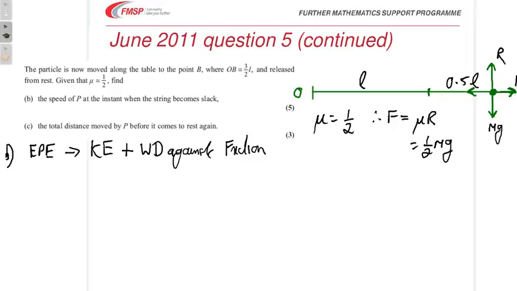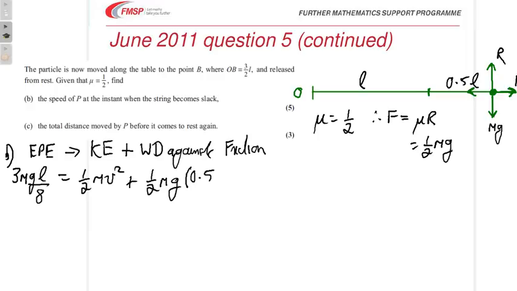I'm putting in the values here then. The elastic potential energy at B is lambda x squared over 2L, which works out to be 3mgL over 8. Check this yourself, pause the video and check that you get that. That goes to half mv squared plus a half mg times the distance it's moved, which is 0.5L for when the string goes slack.